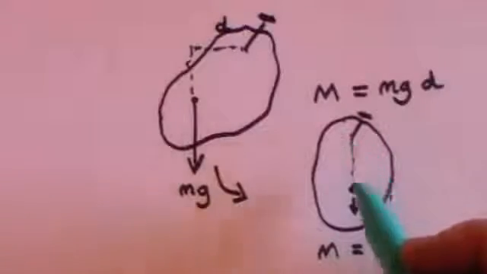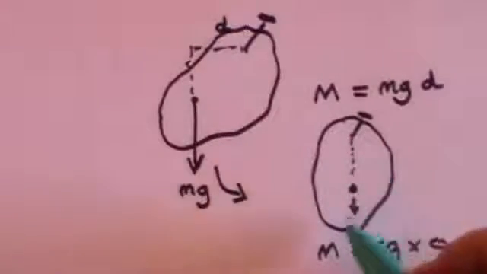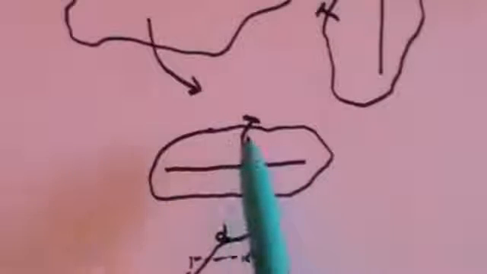All I knew by doing it once is that the centre of mass must lie somewhere on that line. When I did it a second time, I then got another vertical line, and I know that the centre of mass must lie on this line. And if I know the centre of mass lies on this line and on that line, the only place that it can be to satisfy both of those lines is where the two lines cross.